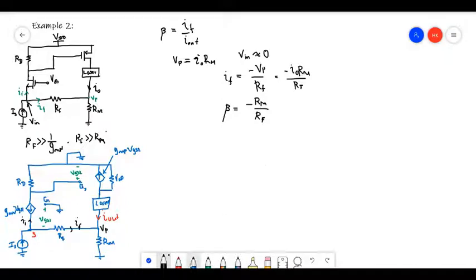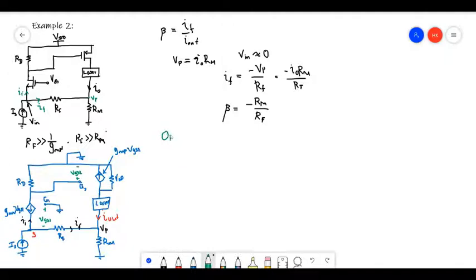Now let's calculate the open loop gain. When calculating the open loop gain, we have to disregard this feedback network.